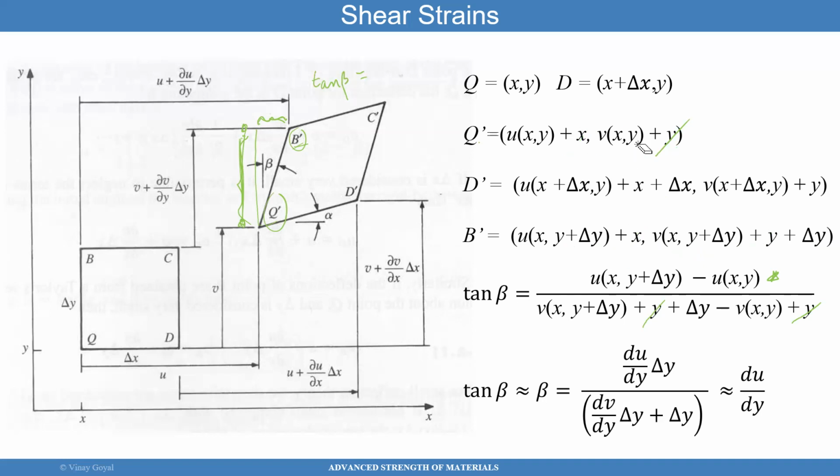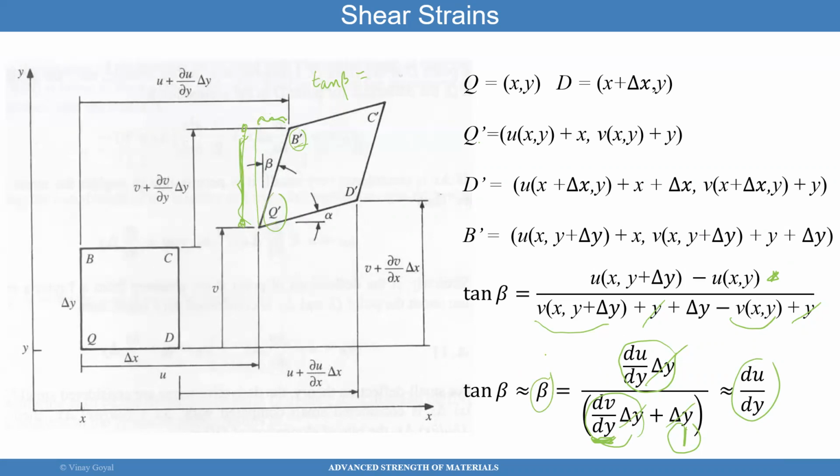Once I have that, you realize quickly that this and this combine to give you this derivative. This at the top gives you this right here. And again, delta y cancels out. You get a 1 here, but this derivative is very small compared to 1. So you end up getting du dy. With the small angle approximation again, tangent beta is approximately equal to beta. So beta equals the partial of u with respect to y.